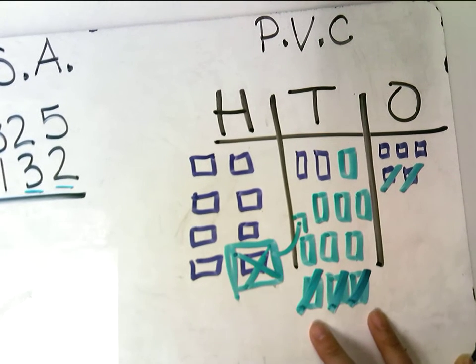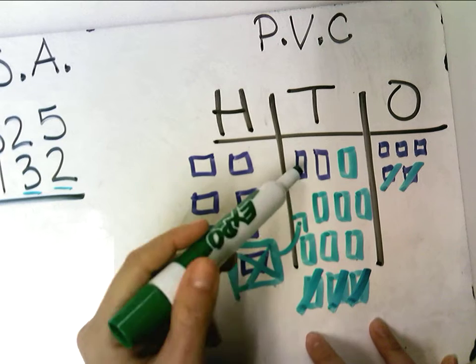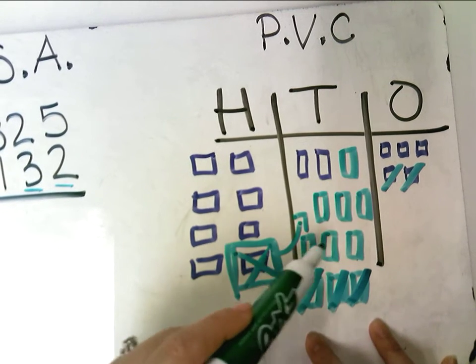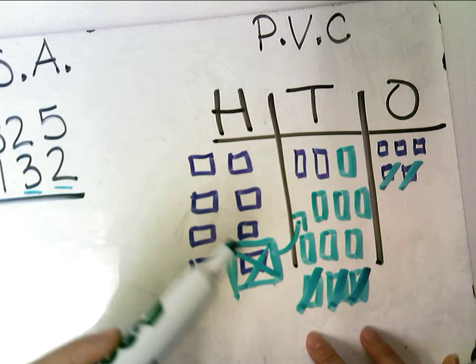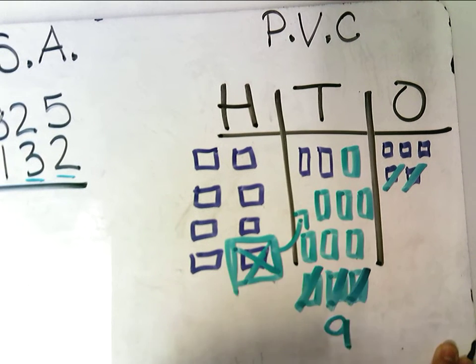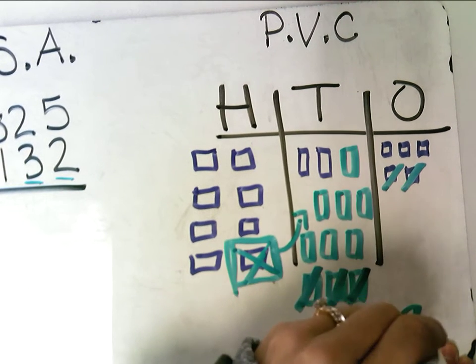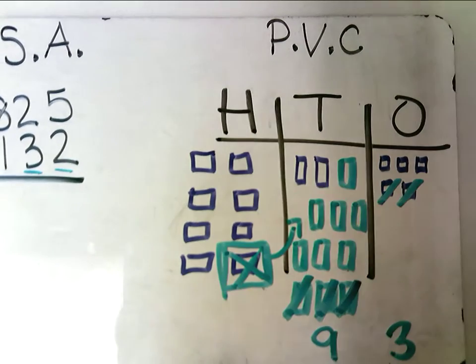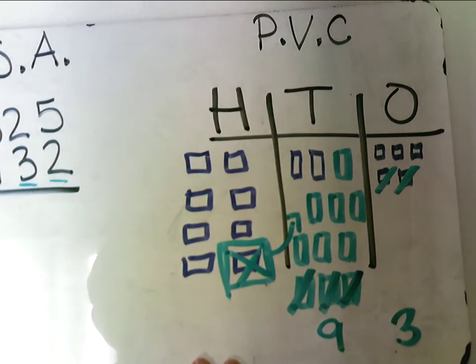I took away 3 tens. Now let's see how many we're left with. 1, 2, 3, 4, 5, 6, 7, 8, 9. Maybe even at the bottom I'll write a 9, so I know I have 9 tens. And even at the bottom I'll write 3, because I have 3 ones. Okay.